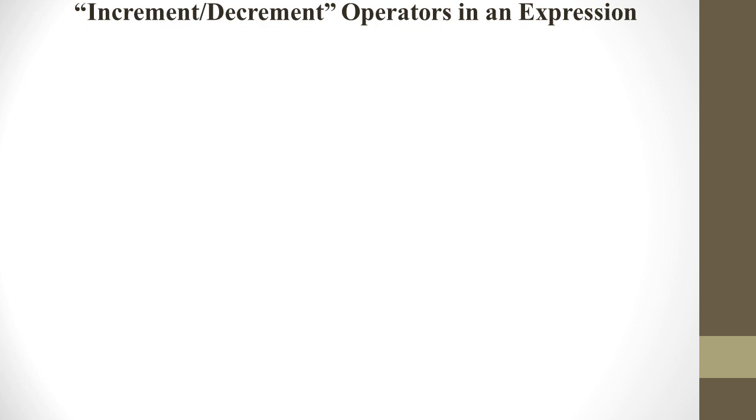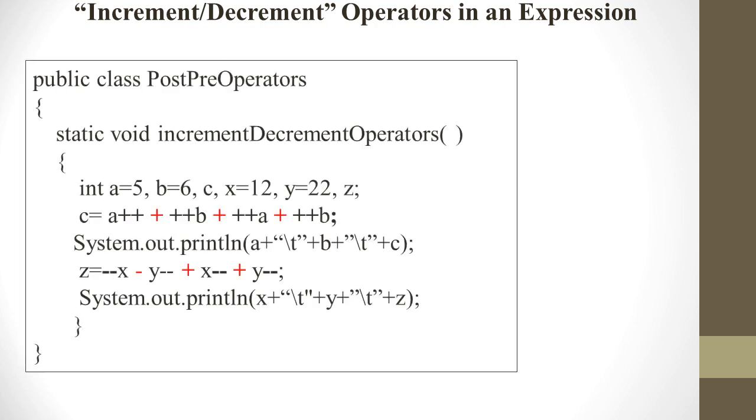So here I am writing a program, public class PostPreOperators. My class name is PostPreOperators. Curly braces open, and again I am creating a method, static void incrementDecrementOperators. Curly braces open means method open.